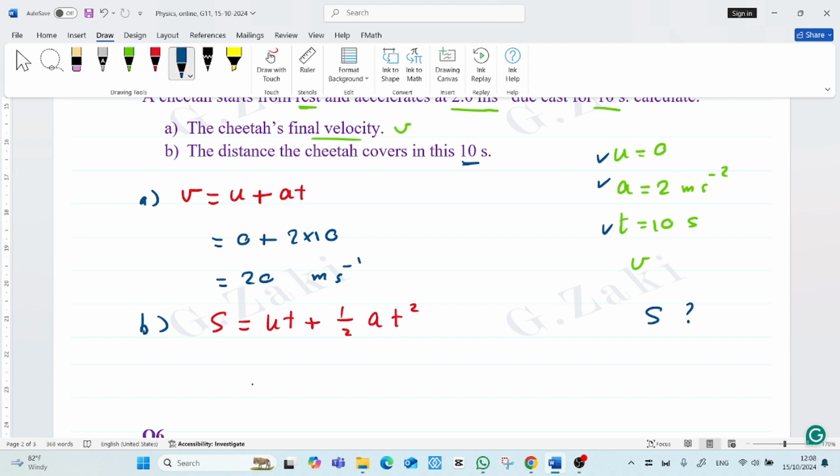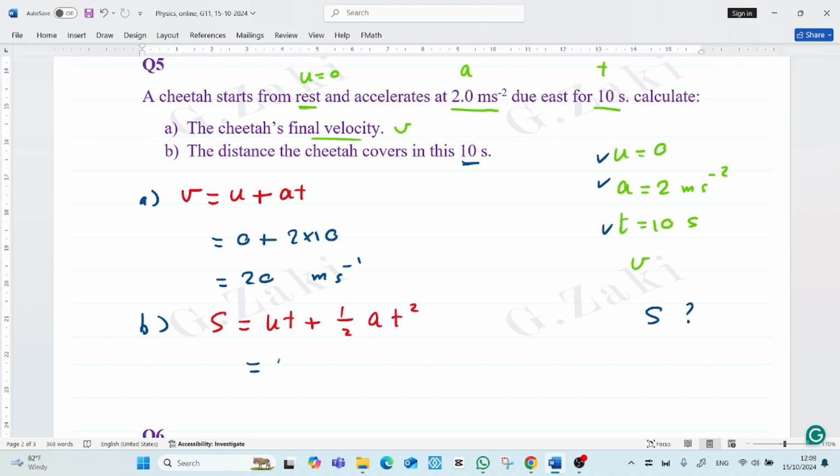Substitute. U equals 0, multiply 10, plus half, multiply A, which is 2, multiply 10 squared. We use the calculator to get the answer. The answer is 100 meters.